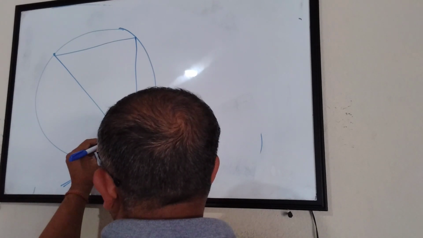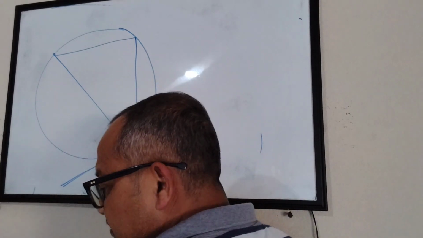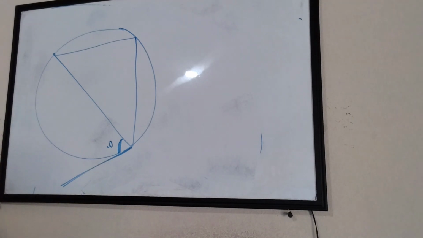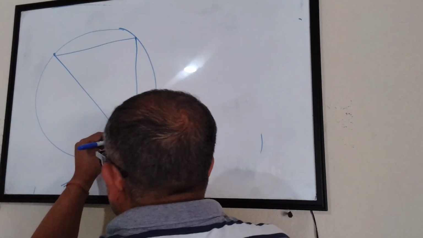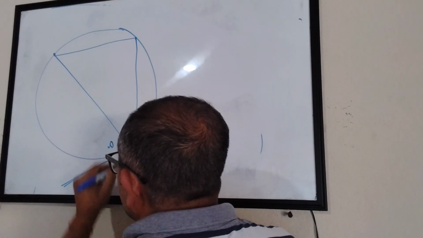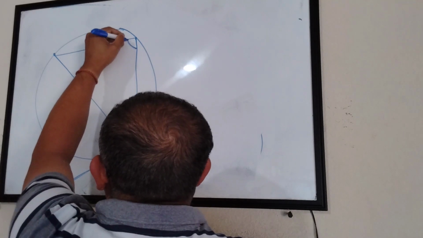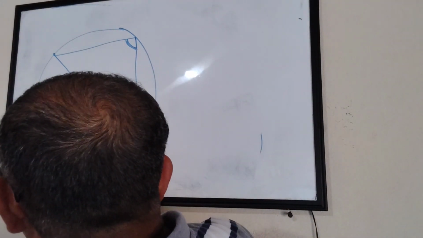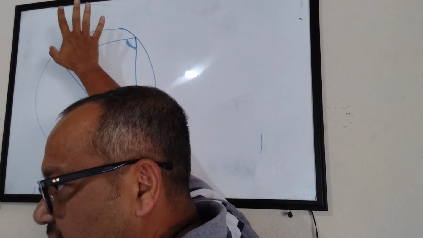Let's call it A. This one says if you have 3 points on the perimeter, then this angle made with the tangent is equal to this angle. And remember, these two lines are not parallel. They don't have to be parallel.